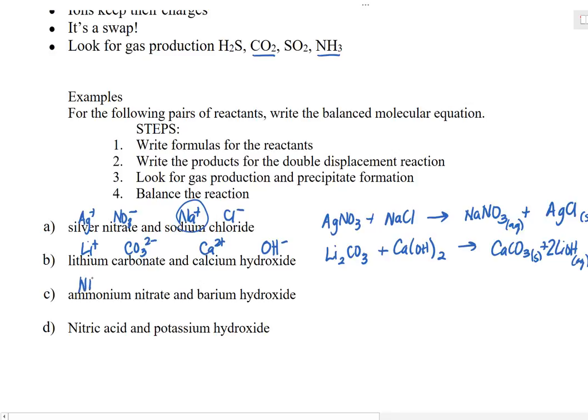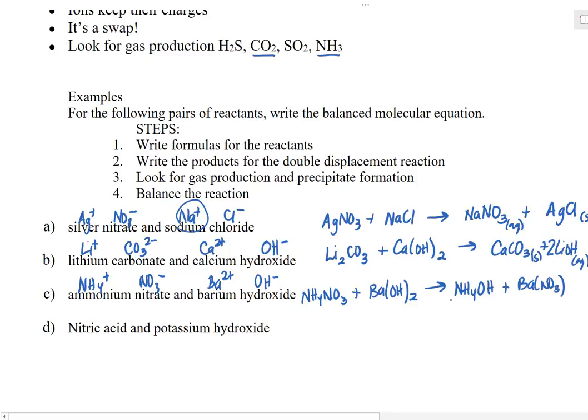My next one here, ammonium nitrate. The ammonium ion is a polyatomic ion, NH4+. Nitrate is also a polyatomic ion, and then barium and hydroxide. When I look at my reactants, I'm crossing over these pairs of ions, and for my products, my NH4+ is combining with my hydroxide, and my barium is combining with my nitrate.